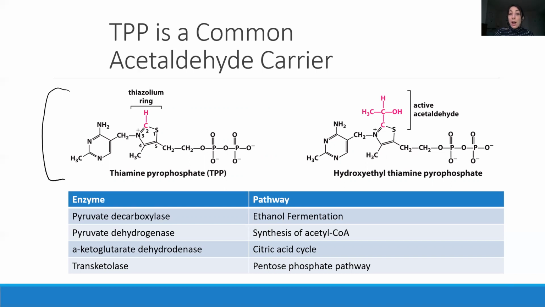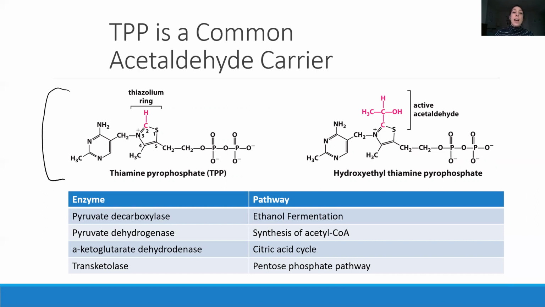TPP is a common carrier of aldehydes. So our pyruvate is going to actually, in a process, attach to TPP, and it will carry the pyruvate into our second complex.